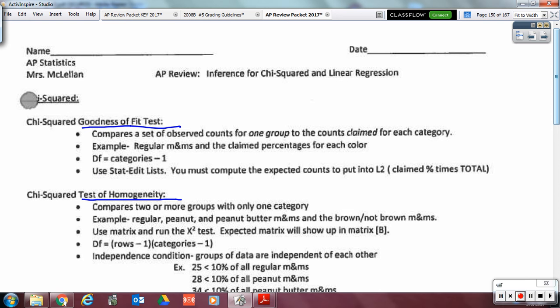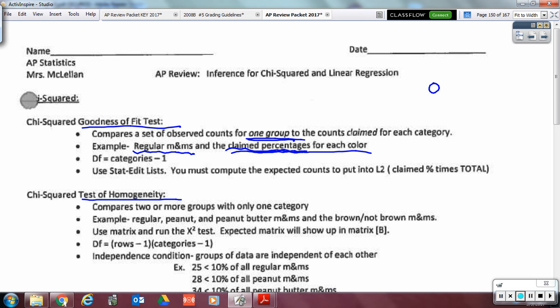Goodness of fit. Goodness of fit is the ones where there is only one group. And then you have claimed percentages for those groups. Such as regular M&Ms is one group, and the claimed percentages for their colors. You know, they say what percent there should be for each color coming off the assembly line.